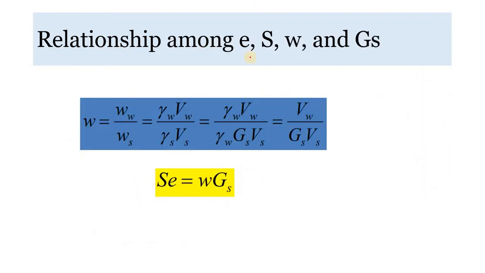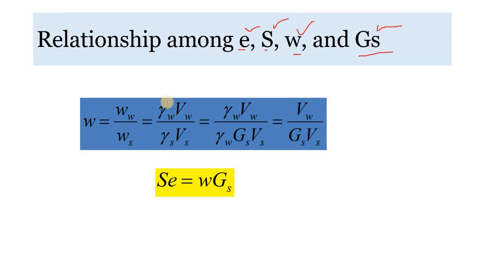Next, relationship between e, S, w and GS, म्हणजेच void ratio, percentage of saturation, water content आणि specific gravity. As we know that water content is nothing but weight of water to the weight of soil.